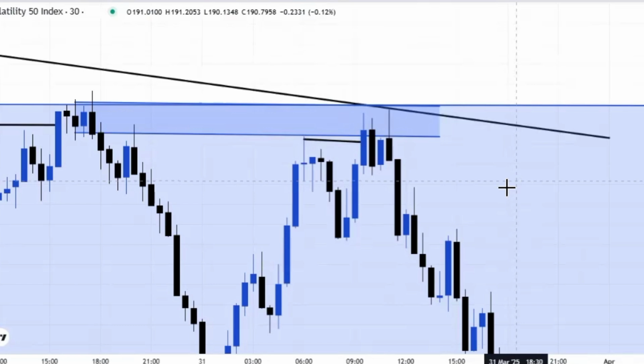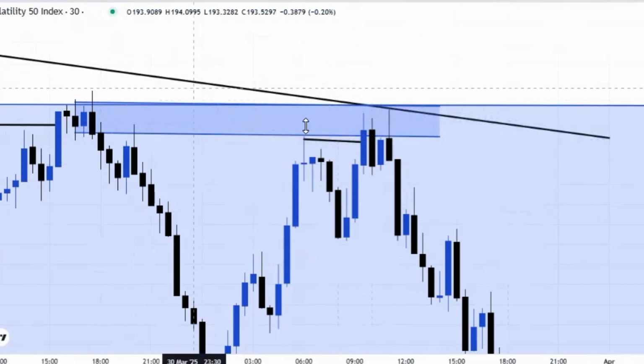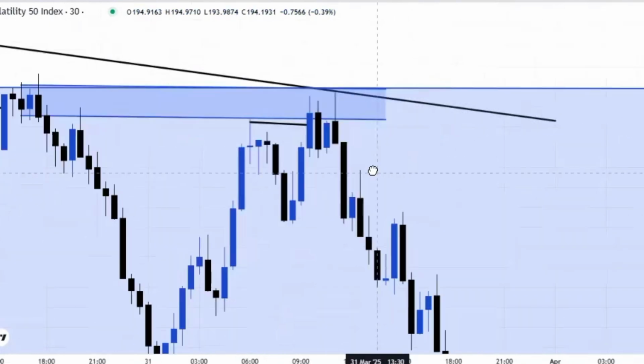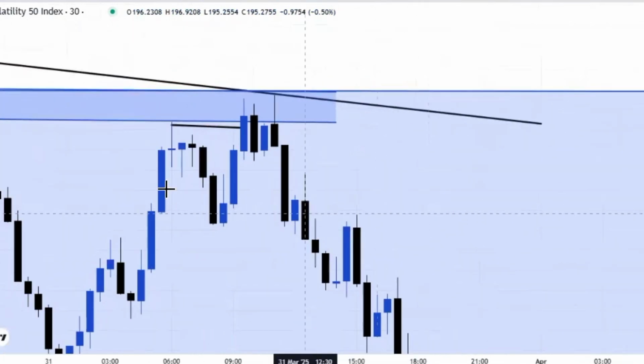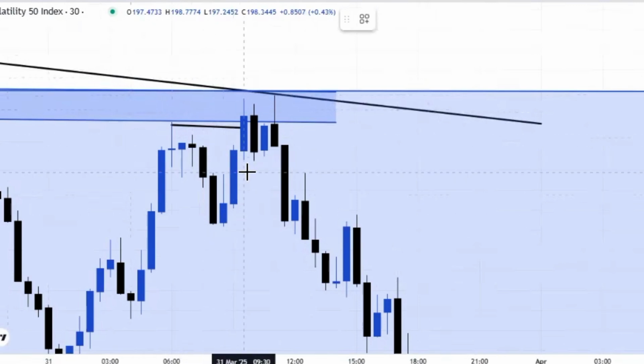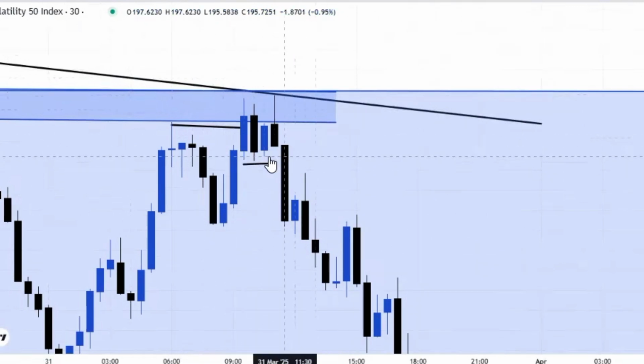If you see here, price was actually playing around that level. Then the market created a bearish candle, but the bearish candle was not enough to break this level right here, below this point.